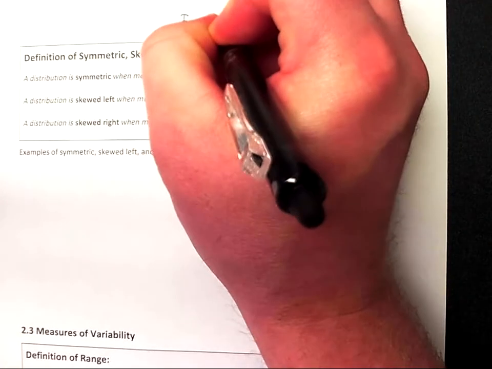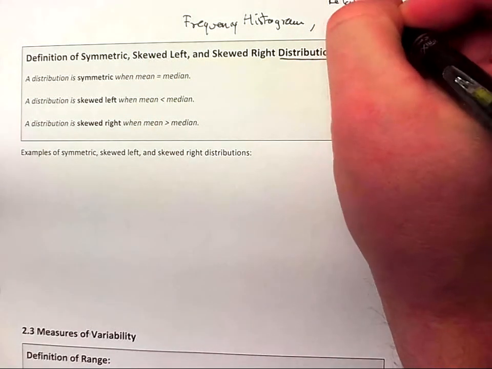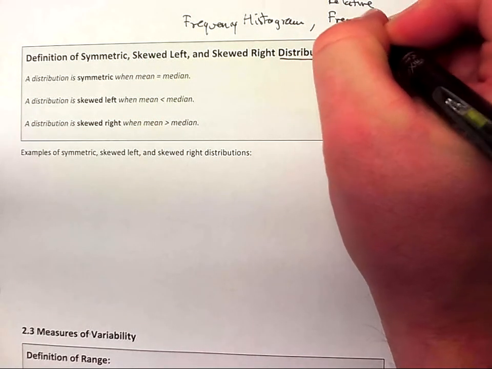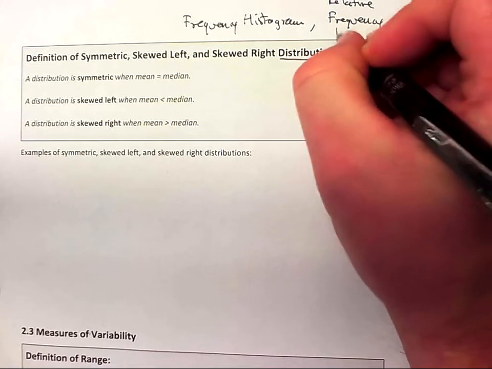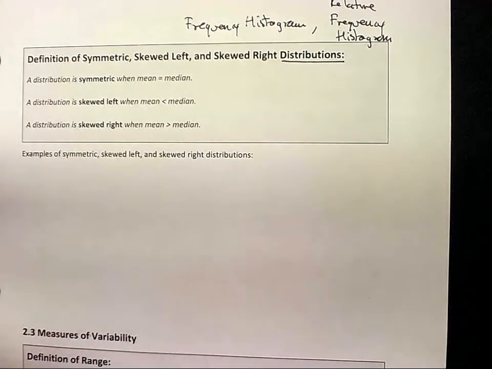So either a frequency histogram or a relative frequency histogram. That's really what a distribution is.